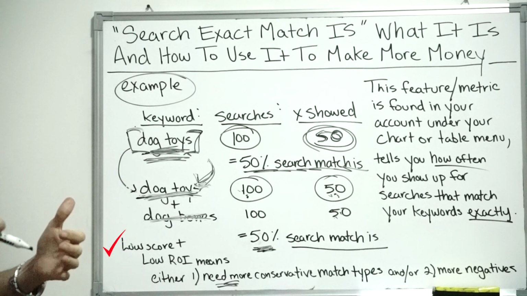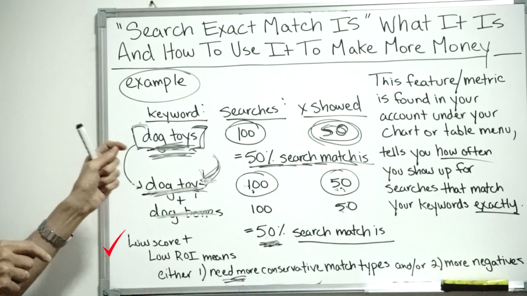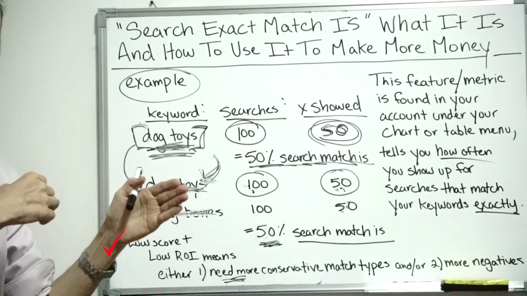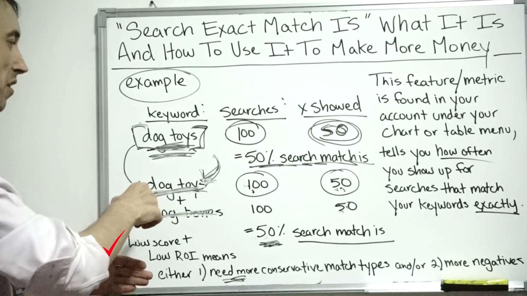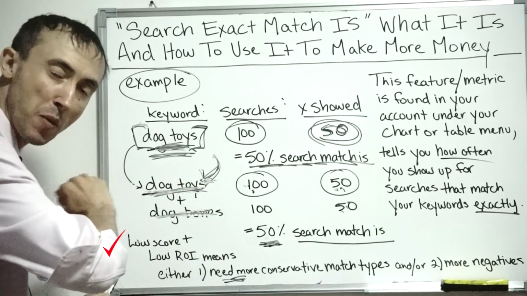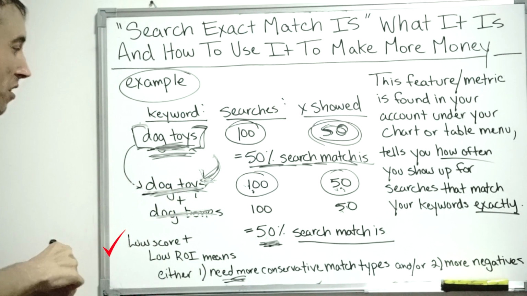Then if you just change the match type to be more conservative there, you're kind of forcing Google to spend more money. Search exact matches tells you what percentage of the time you show up for the keyword exactly, for people searching what the keyword is.